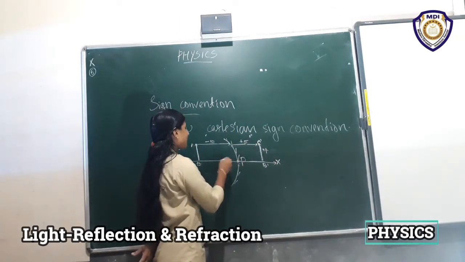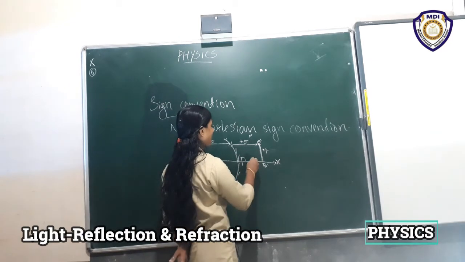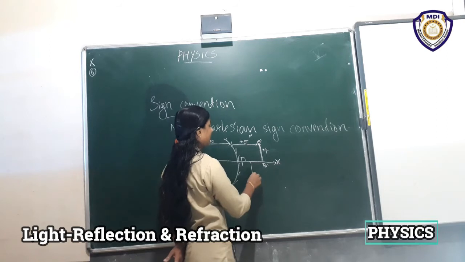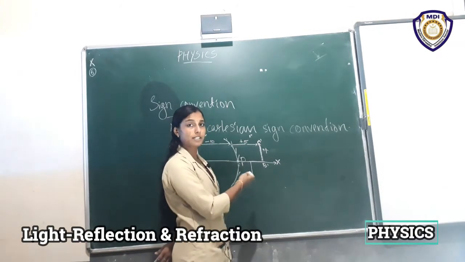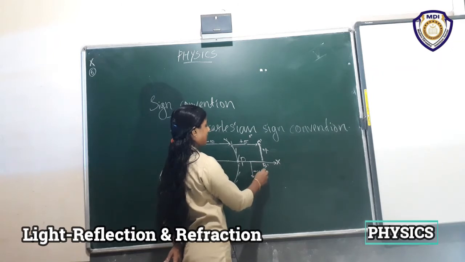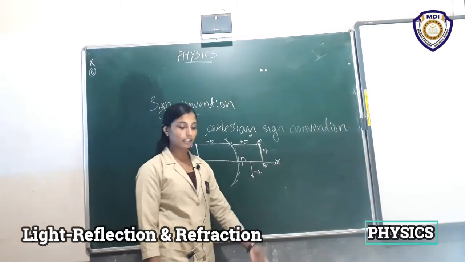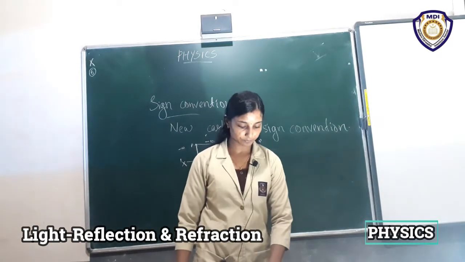And suppose the image formed is here, that means below the principal axis, then the height may be noted as -4.